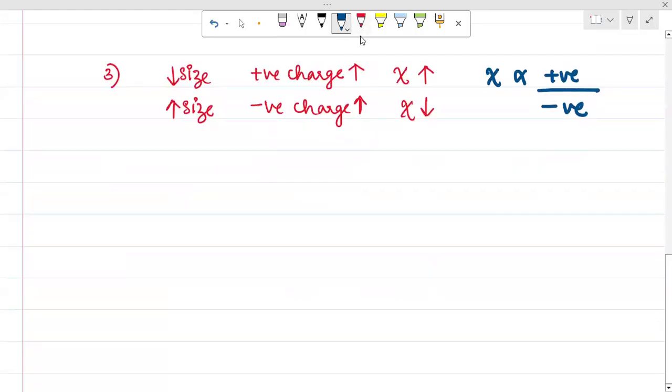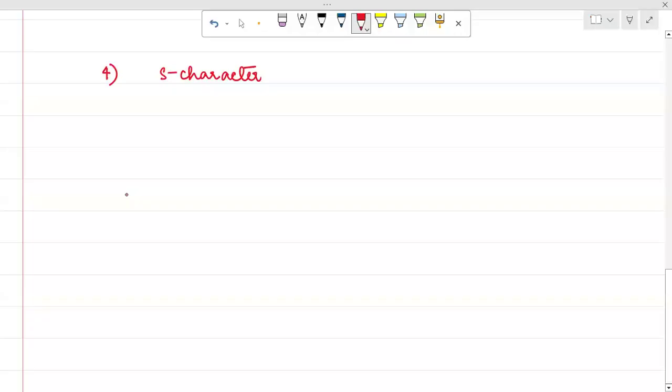Now the last one is based on s character. This is something that you will be very familiar with in general organic chemistry as well. Here, you can have hybridizations of sp3, sp2 and sp, wherein the percentage of s character is as follows.